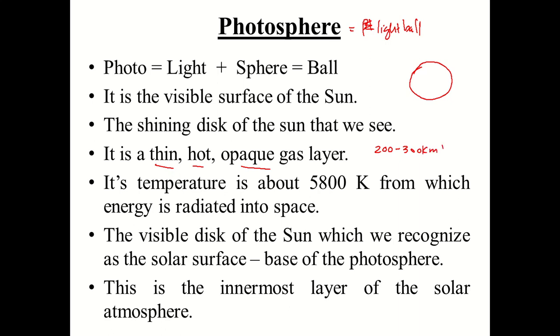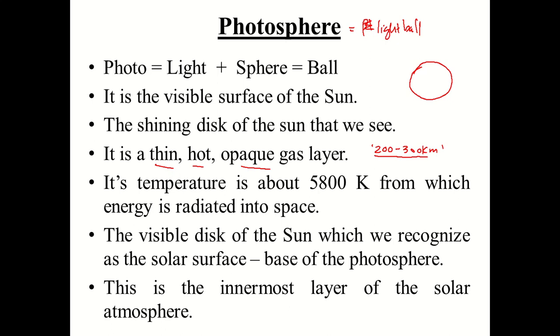When considering astronomical distances, 200 to 300 kilometers is a very small distance. That's why it is considered a very thin layer. When we look at the picture, you can see how small this layer, the photosphere, is when compared to the other atmospheric layers and other layers of the sun.